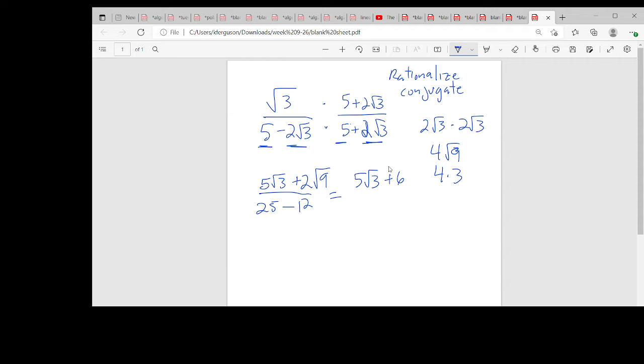Yeah, see, let me make sure you got it. 2 times the square root of 3, right? They can't interact. One's inside, one's outside. You got me? So I treat it just like a variable. 2 times x. I don't know what x is, so I can't go any further, right? So then if I got 2 square root of 9, that's 2 times the square root of 9.